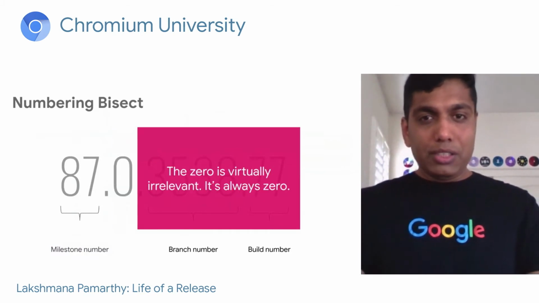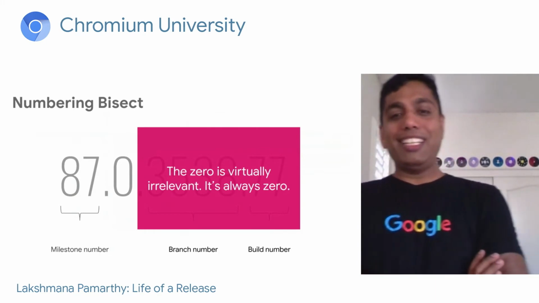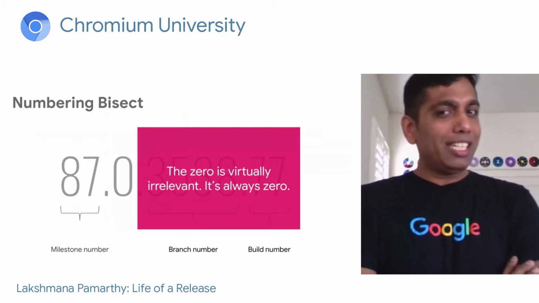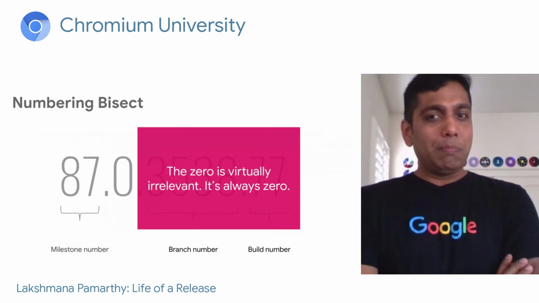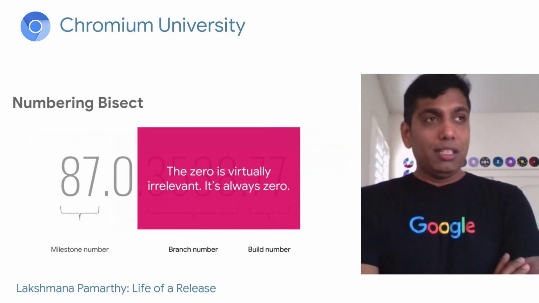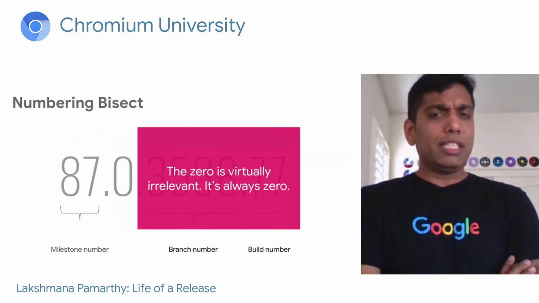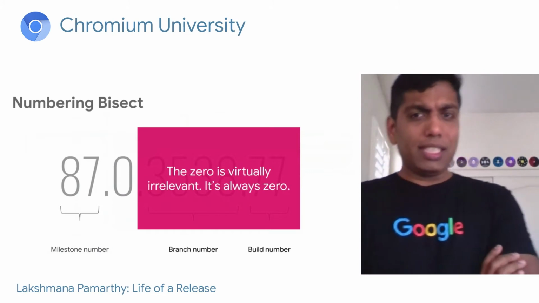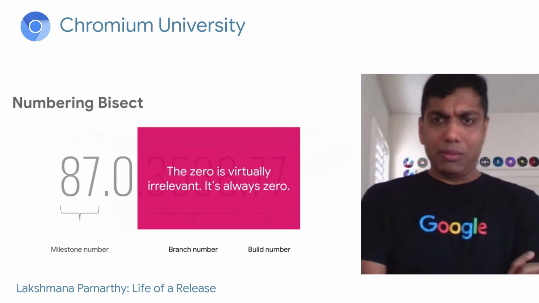Now, as we go down, the next number is a 0. We don't really use this number. Virtually, we call it irrelevant because it's there, but it's not being used. So you can expect this number to stay 0. At least in my time here, I haven't seen any number apart from 0.